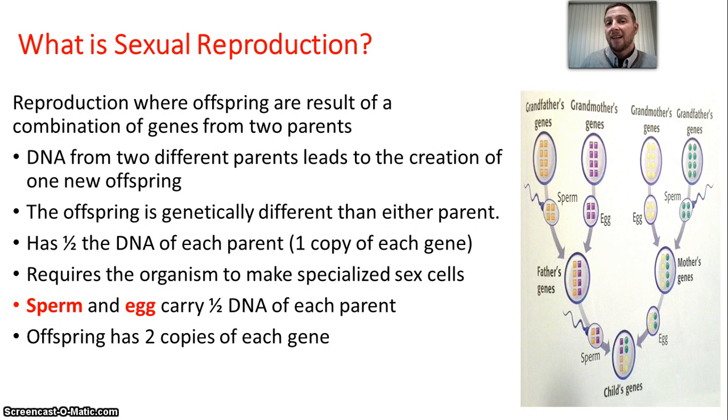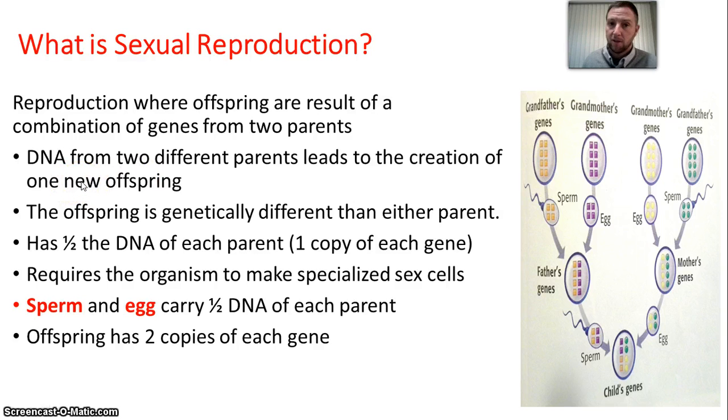So then what is sexual reproduction? Sexual reproduction means you have two different parents that create one offspring, which is genetically different from either parent. Two different parents lead to the creation of one new offspring.